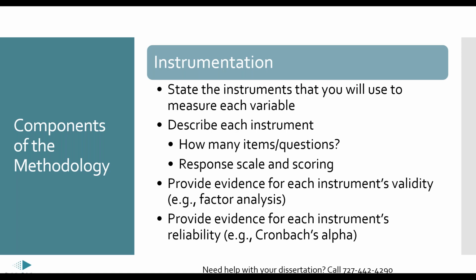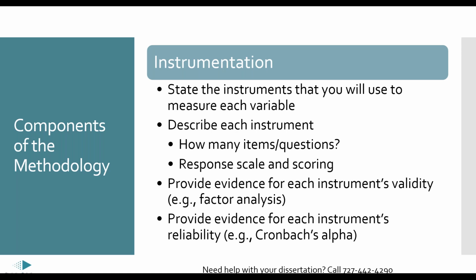So in terms of describing the instrument, for instance, if it is a survey instrument, you will want to say how many items or questions the survey has. You'll want to talk about the response scale. So how do participants respond to the items? Do they use like a Likert scale, like a 5-point Likert scale or a 7-point Likert scale?